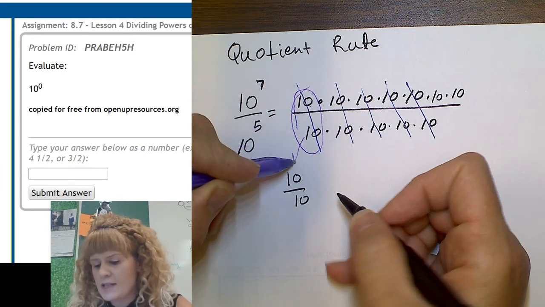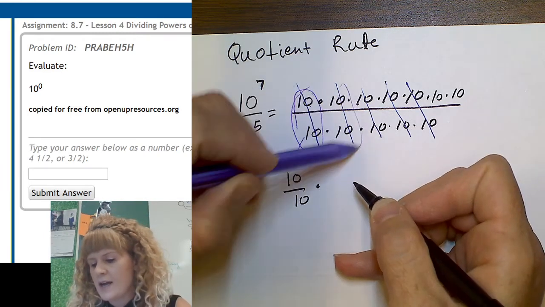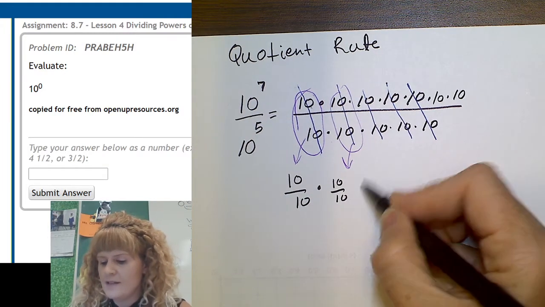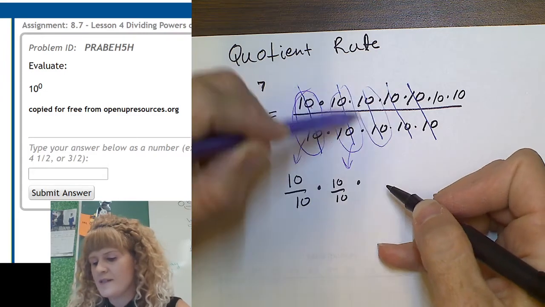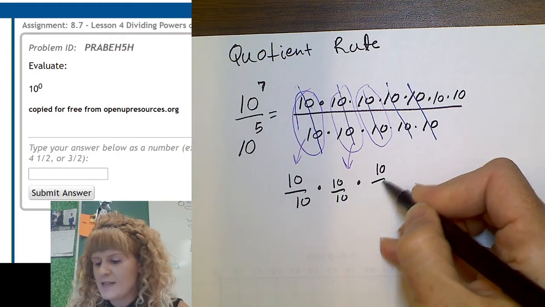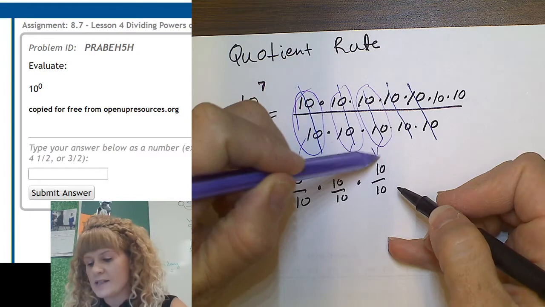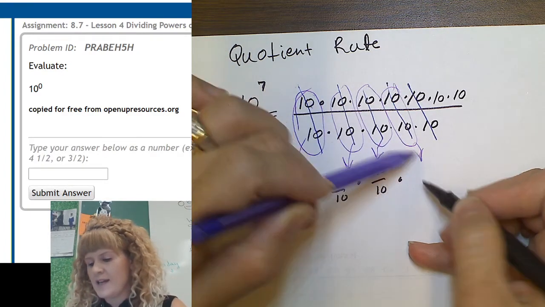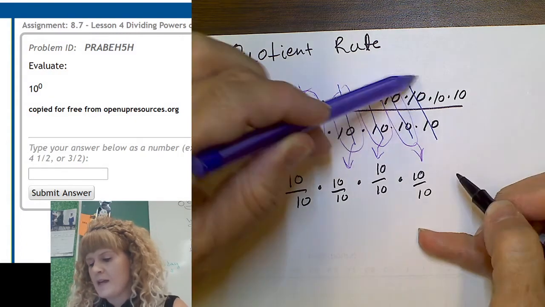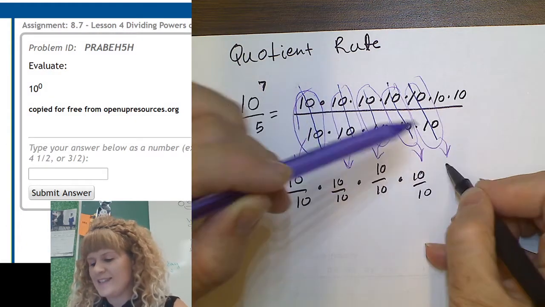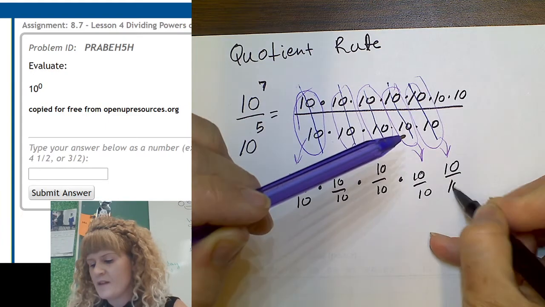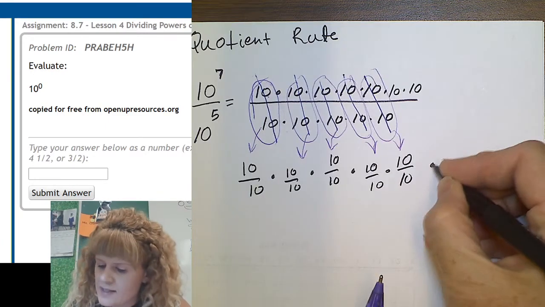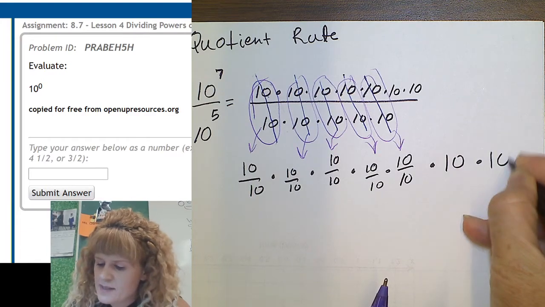This is equal to 10 divided by 10 times 10 divided by 10 times 10 divided by 10. I can write it this way and it is equivalent. 10 divided by 10, 10 divided by 10, and then I've got these two more 10 remaining here, so that's times 10 times 10.